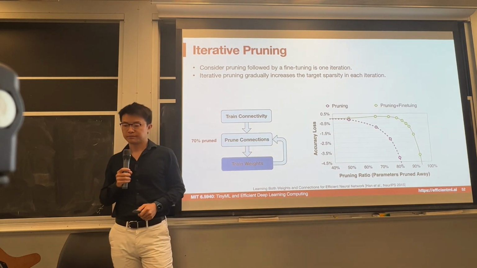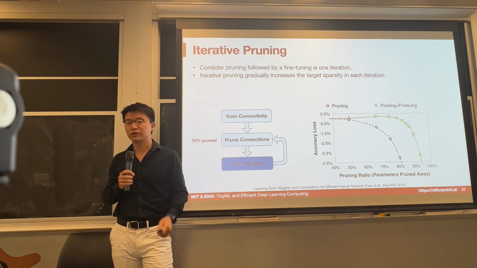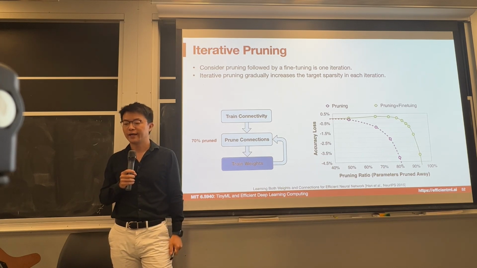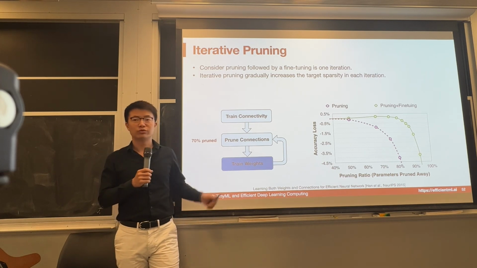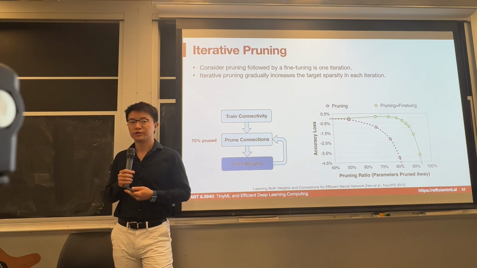Certainly, this is difficult to automate. You have to restart the pruning and also sensitivity analysis and also retraining for each step. So from the implementation or engineering perspective, iterative pruning requires more engineering effort.